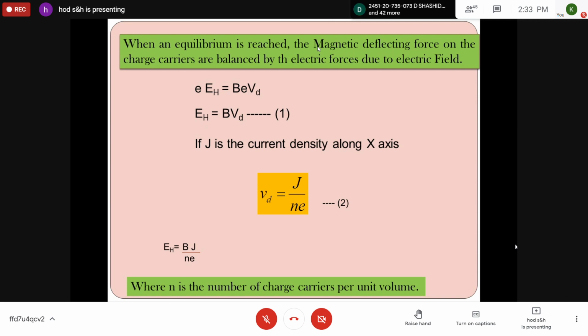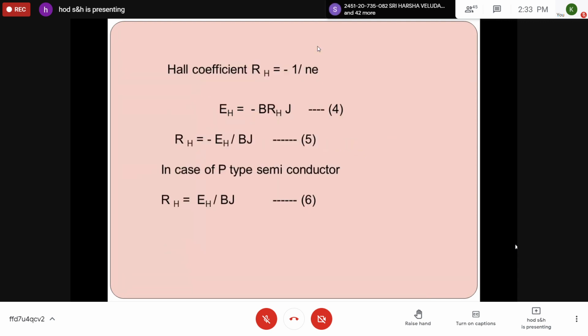If you substitute in equation 1, you can write EH is equal to BJ by Ne. The expression for the Hall coefficient for an n-type semiconductor is RH equal to minus 1 by Ne, so here instead of 1 by Ne, you can replace it with minus RH. That is, EH is equal to minus B RH J, equation 4. RH is equal to minus EH by BJ, equation 5. For a p-type semiconductor, RH is equal to EH by BJ.